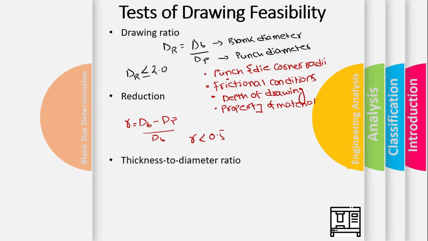Then the third factor required to determine the feasibility of the drawing operation is the thickness to diameter ratio, that is t by D. We know, thickness to diameter of the blank ratio, thickness to diameter ratio. It is often expressed in percentage. It is desirable, it is recommended, that the thickness to diameter ratio should be greater than 1%.